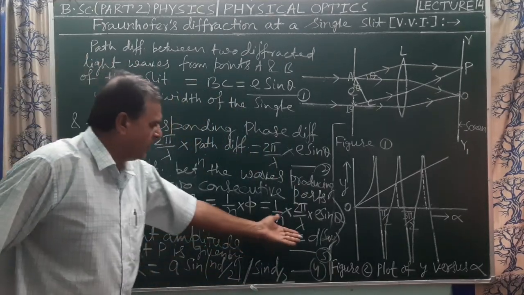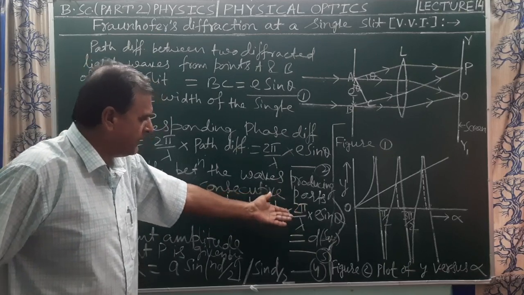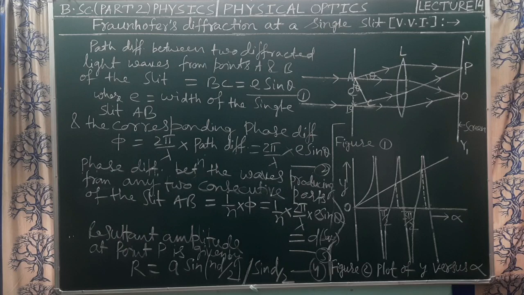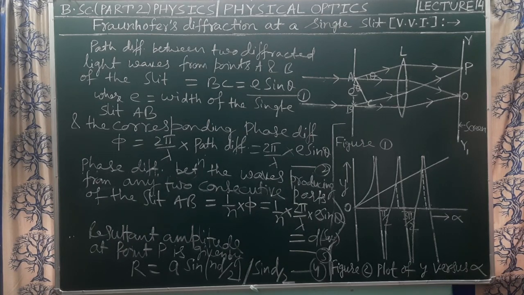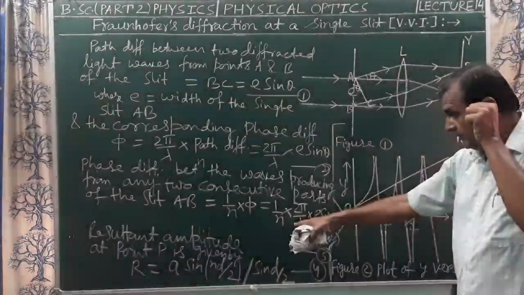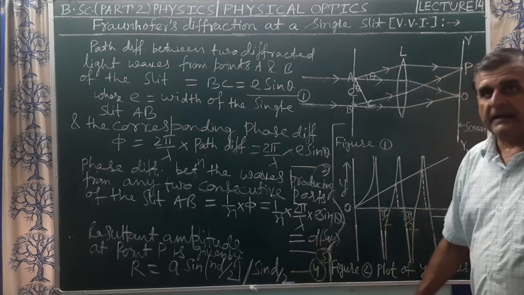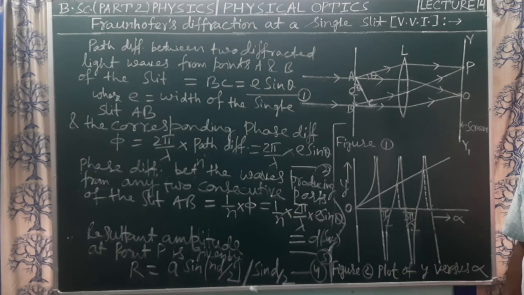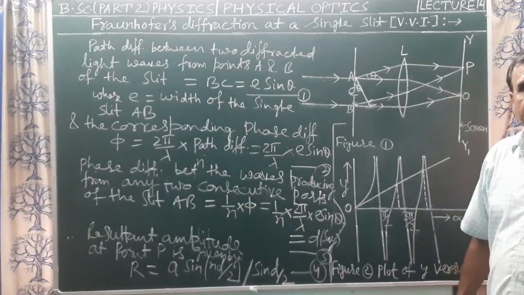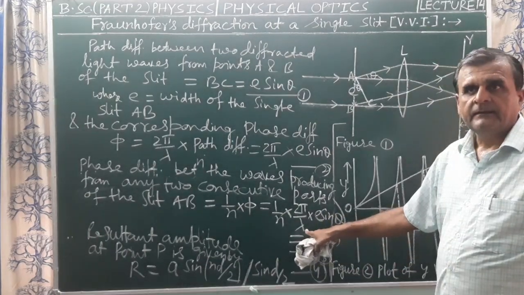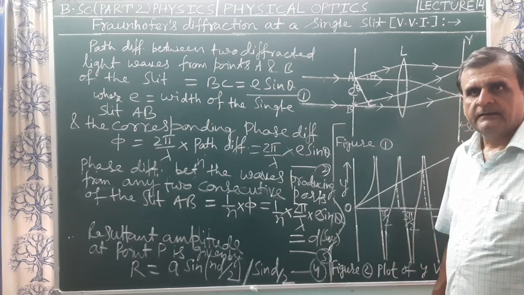Now substituting the value of small d, which we have taken as 1 by n multiplied by 2 pi by lambda into e sin theta, that is the phase difference between the secondary light waves produced from any two consecutive parts of the slit. तो उसका वैल्यू अगर पुट कर दिया जाए इस इक्वेशन में तो हम ऑब्टेन करेंगे r का वैल्यू, then we can obtain R equal to a sin alpha upon sin(alpha by n), where pi e sin theta upon lambda we can suppose as alpha, that is the direction of the maxima.